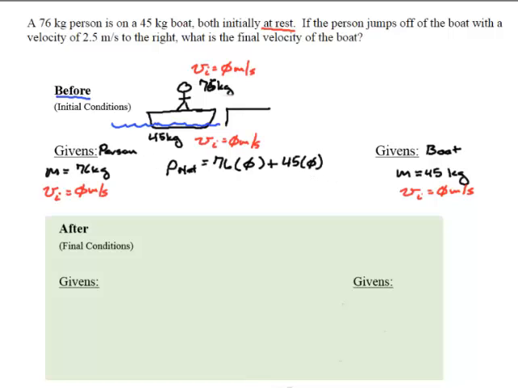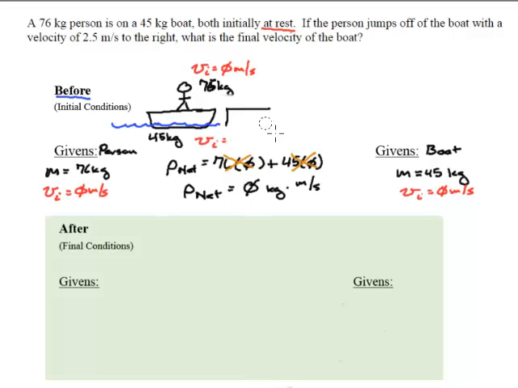I hope it's pretty obvious that this number blows up and this number blows up, because any number you multiply by 0 is 0, and so the net momentum in the beginning equals 0 kilograms times meters per second.